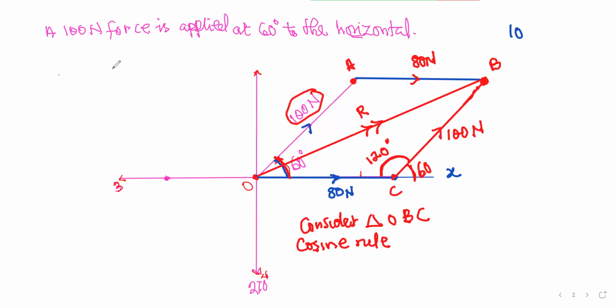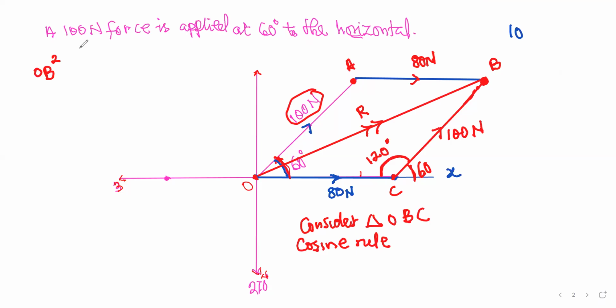Okay, so we want to find this side OB, which is the resultant. Let's apply Pythagoras theorem. So OB squared, class, let's all join forces.